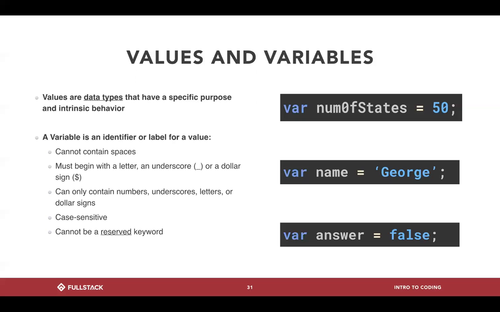Return is a word that JavaScript will see and expect it to do something, so you can't have a variable named return. Variables can be created with either the let or var keywords. The scope of this class doesn't cover the difference between the two, so feel free to use either one.